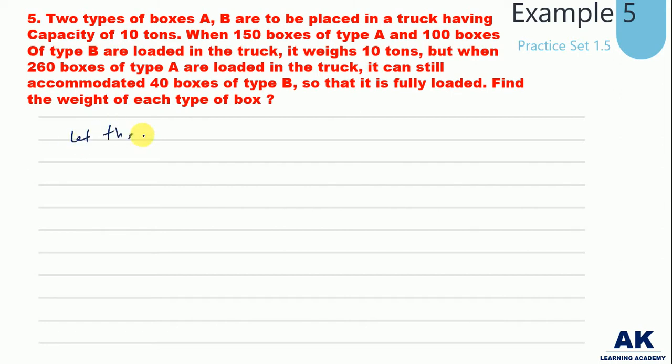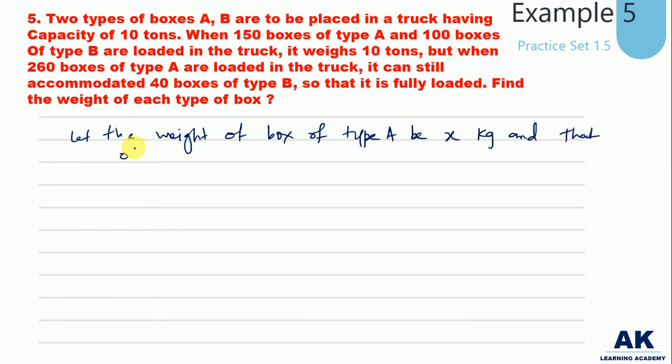Let the weight of box of type A be x kg, and that of box of type B be y kg.